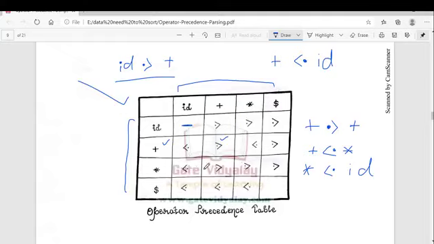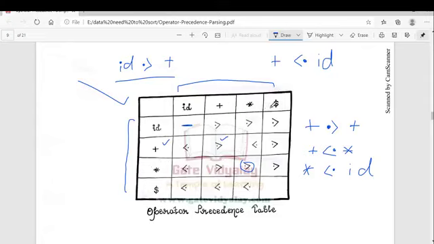Multiplication and plus: multiplication has higher precedence, so the open mouth is towards multiplication. Now multiplication and multiplication have equal precedence, but it is left associative, so the open mouth should be over the left side.